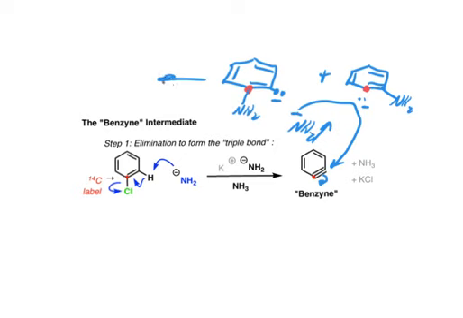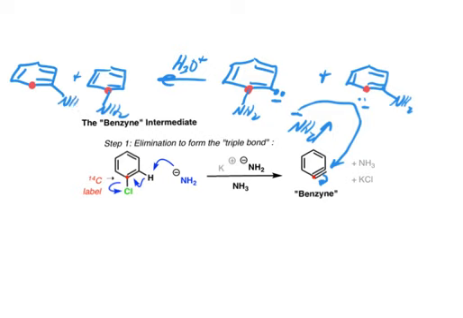And then just treat this with a proton or acid to work it up. You wind up with both isomers of the radio-labeled compound, where that nitrogen is either on it or next to it.